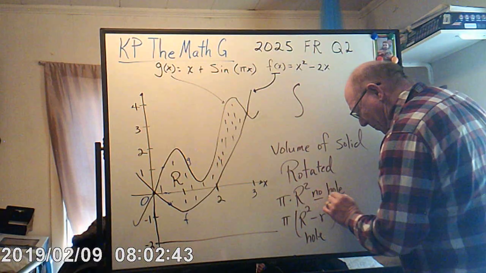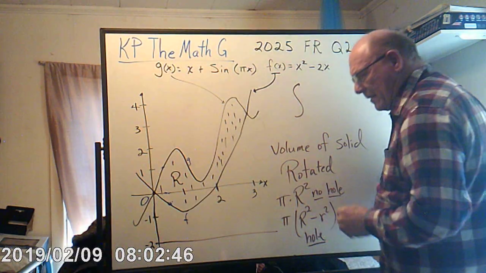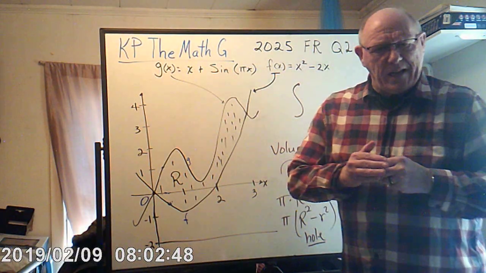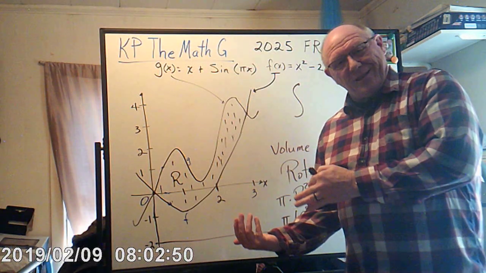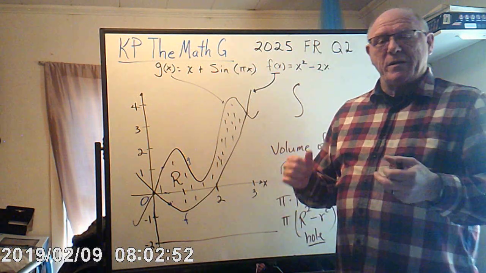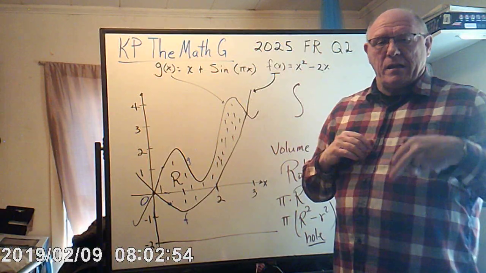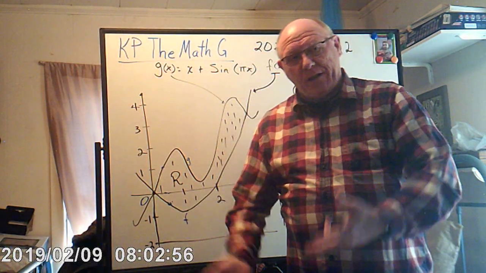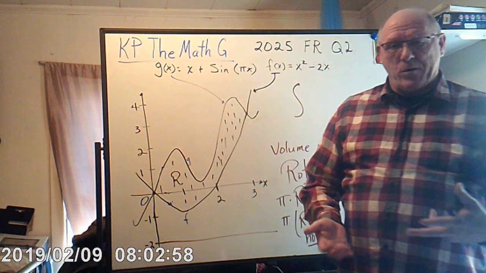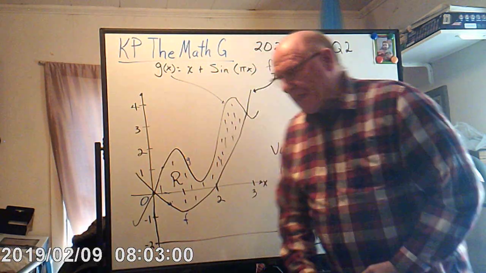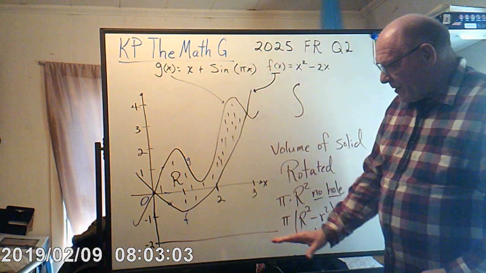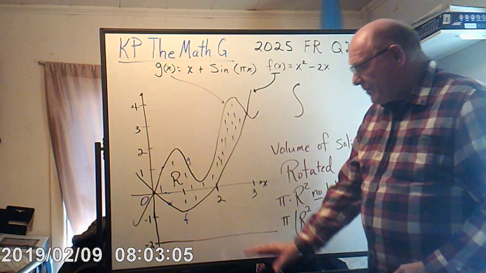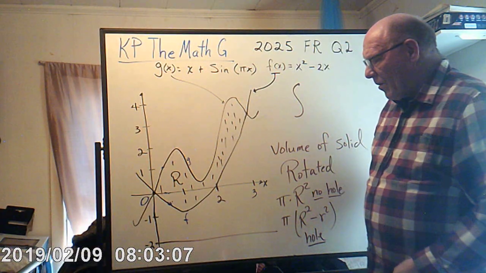Alright, and I hope maybe by now, if you haven't been taught that, I'm teaching you this now. I don't know if you've been taught that just yet, especially for those this year who are taking the AP Calculus course. I'm just going to show you where the difference is, hole or no hole.